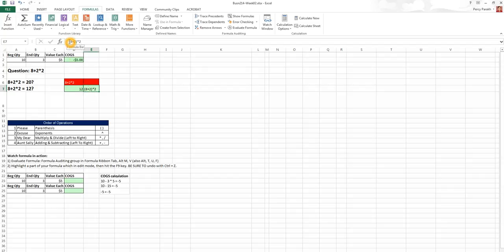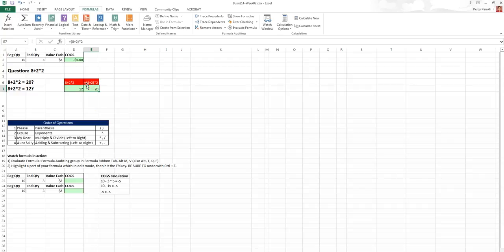So I've got to go in and put an equal sign because it's a formula. Equal sign. And then I click on the check mark and I get a 20. So really, this is what I want. I want to take the 8, add it to 2, and then multiply it by 2. So 8 plus 2 is 10, and 10 times 2 is 20, okay?